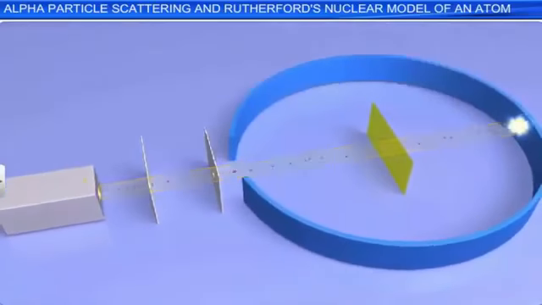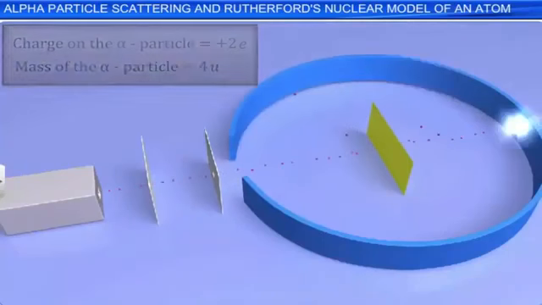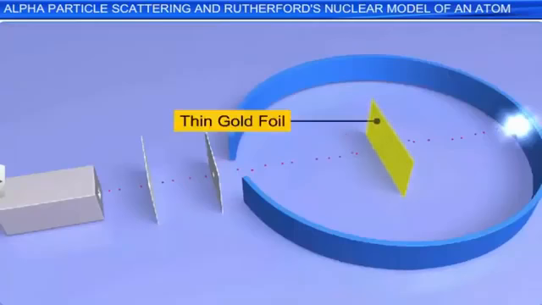As we know, the charge of the alpha particle is 2 times the charge of the proton, and its mass is 4 units. The narrow beam of alpha particles so obtained was allowed to fall on thin gold foil of thickness around 2.1 × 10^-7 meter, that is 0.21 micrometer.